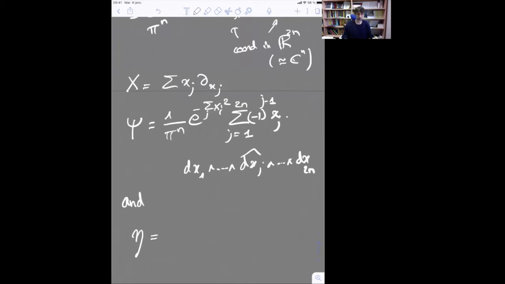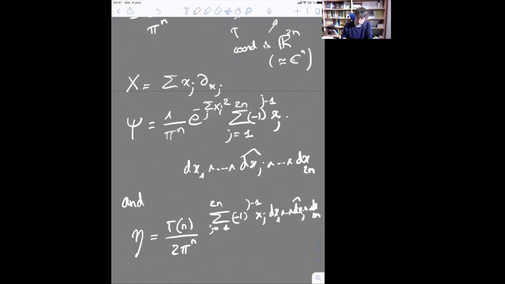I take the Mellin transform of this, and I will spare you all the computation, but it gives you a gamma factor over 2 pi to the n of the same sum here, the same differential form here, divided by the norm squared to the n.